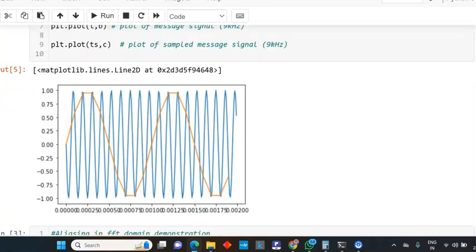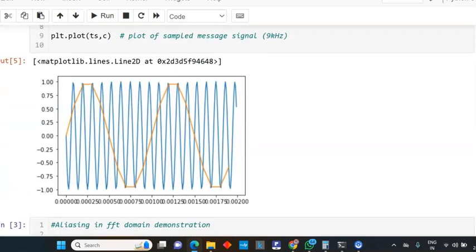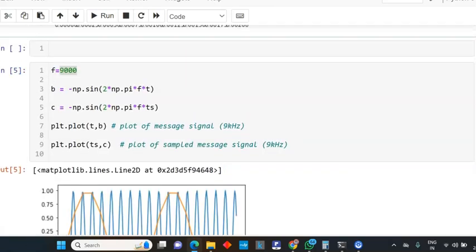When you plot the waveform, for the lower frequency waveform we have 2 cycles. This is the higher frequency waveform, so many cycles we have, right? The blue one is many cycles, and the orange one shows clipping.